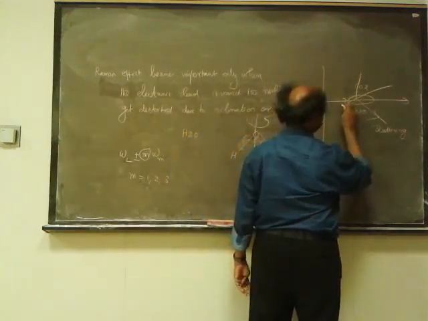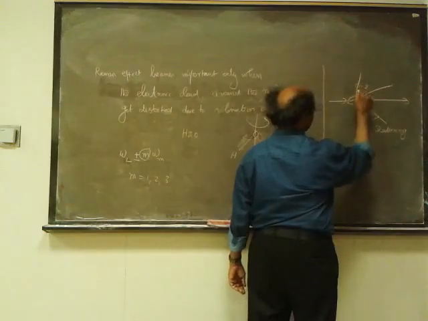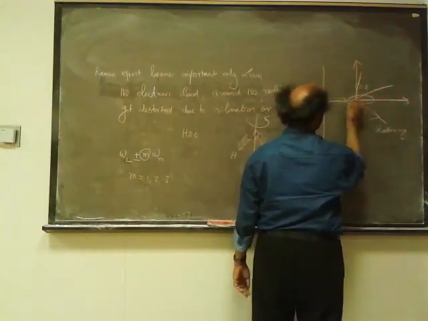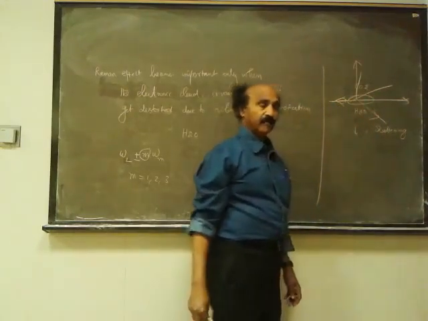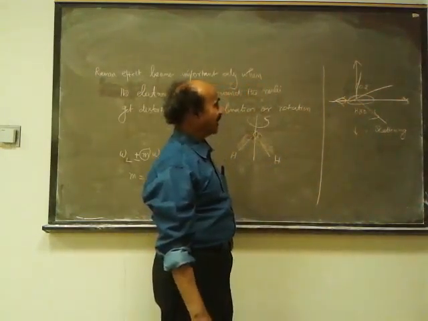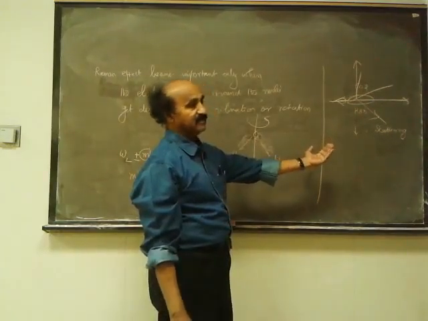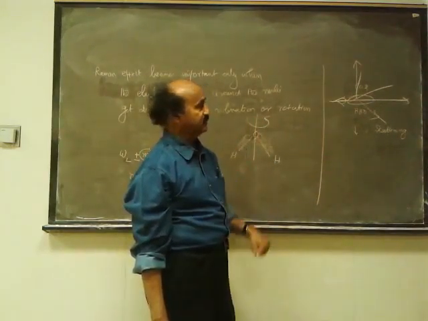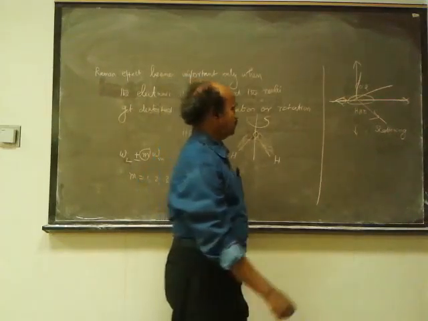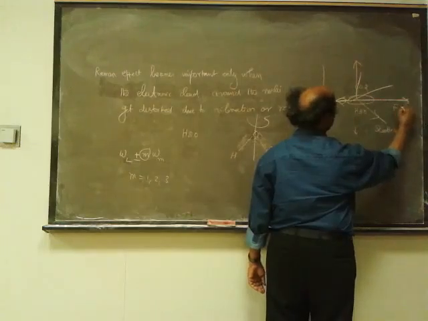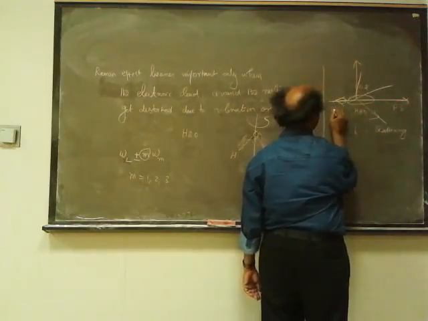But the light which is scattered this side, you will have light scattered this side, light scattered this side. Always, light scattered in the forward direction is stronger than the light scattered in the backwards. So forward scattering is stronger than the backward scattering.